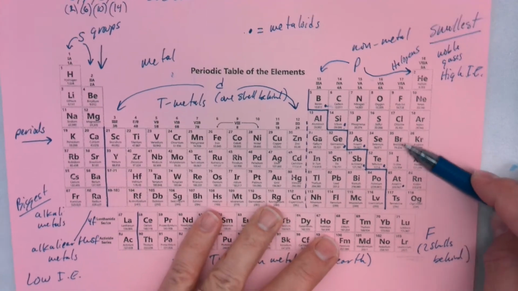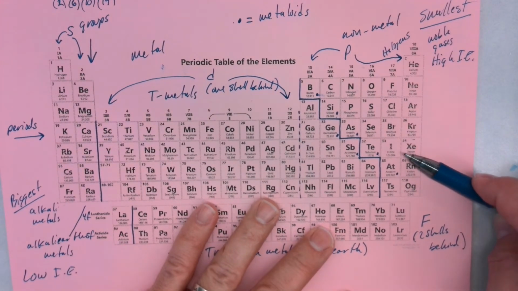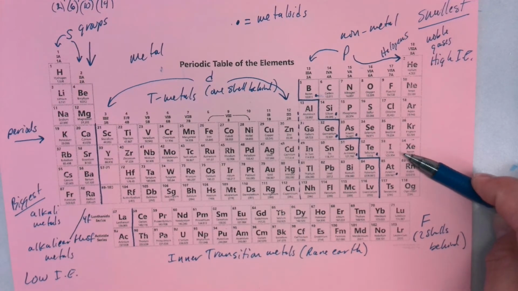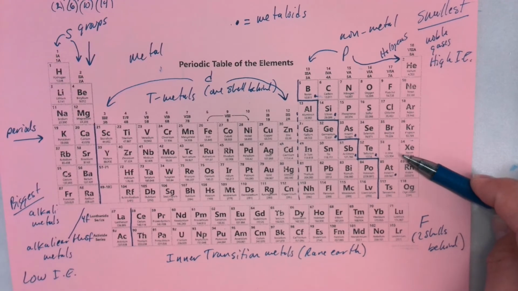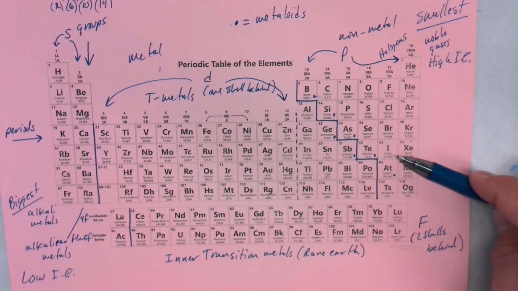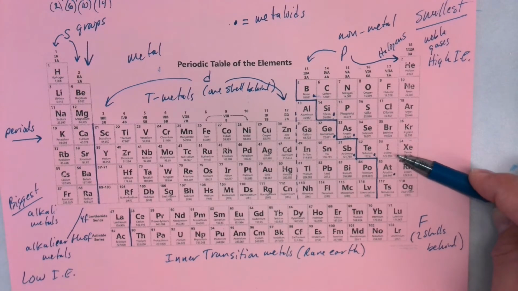Well, it makes sense then that iodine would also be used to kill bacteria. Does anybody know why? Same group, and what do we know about things that are in the same group? Not the same, but they act similar. So if chlorine kills bacteria, it makes perfect sense that iodine would also then kill bacteria.